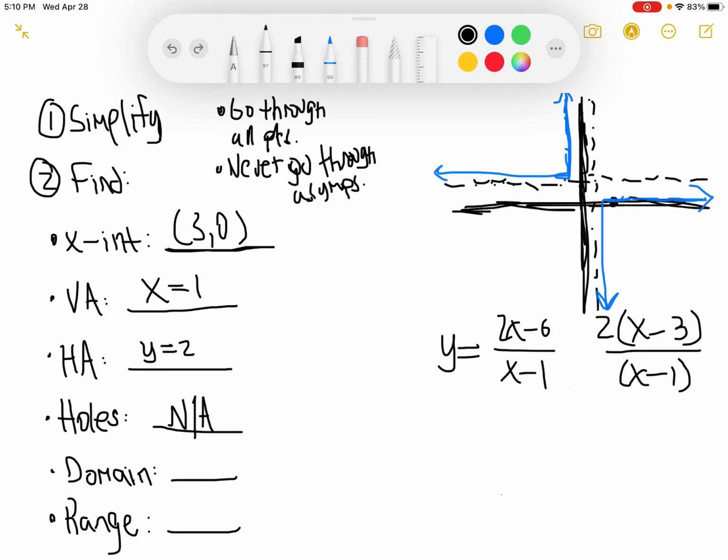So domain. Let's see. Okay, so we can see that it goes all the way to negative infinity. So we'll start out by doing that. I'll just draw these longer because they're usually longer. So negative infinity. Okay, and then how far does it go? Oh, it stops here because it can't go through that.